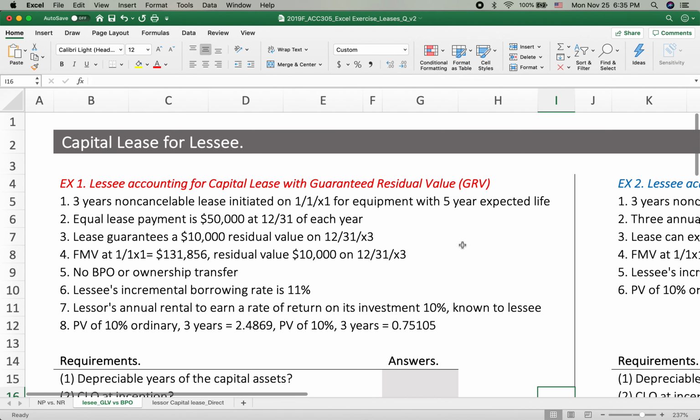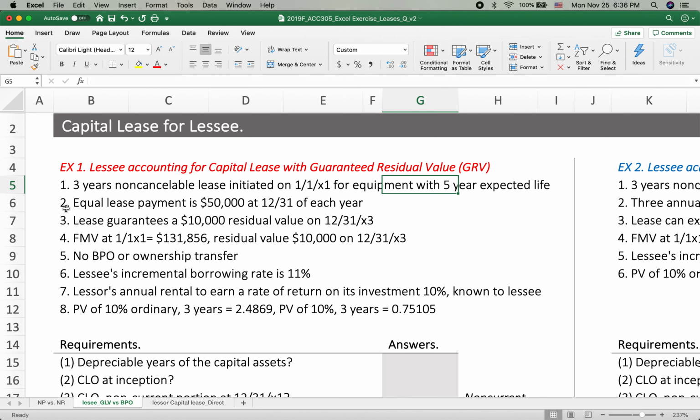Okay, let's read the question together. A 3 years non-cancelable lease initiated on January 1st, year 1 for equipment with 5-year expected life. Now, we have two periods. First, 3 years for the capital lease term, and second one is 5 years expected life.